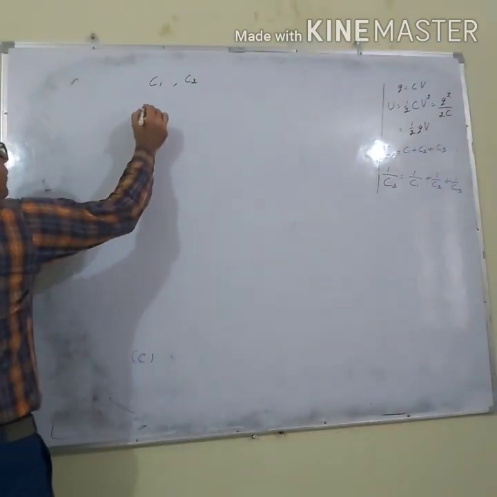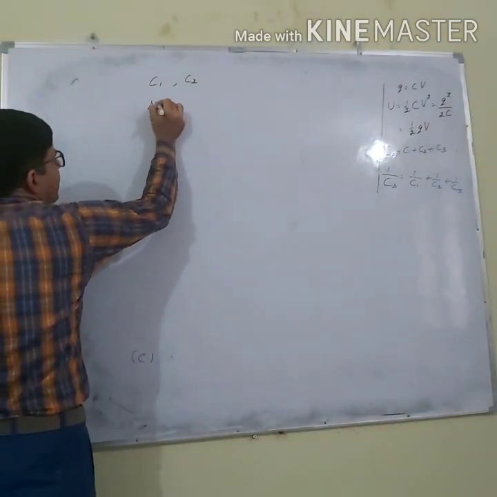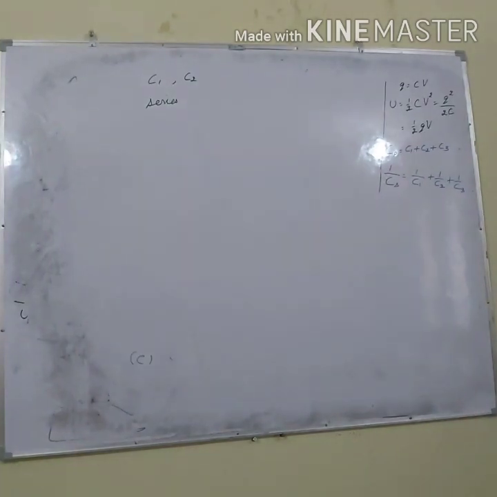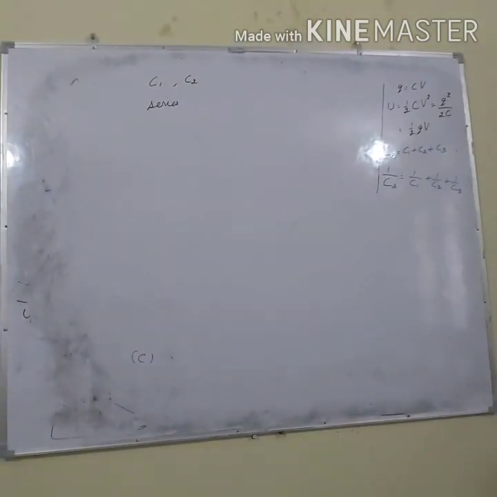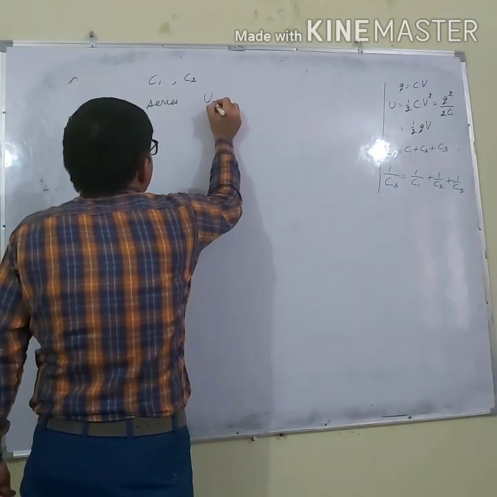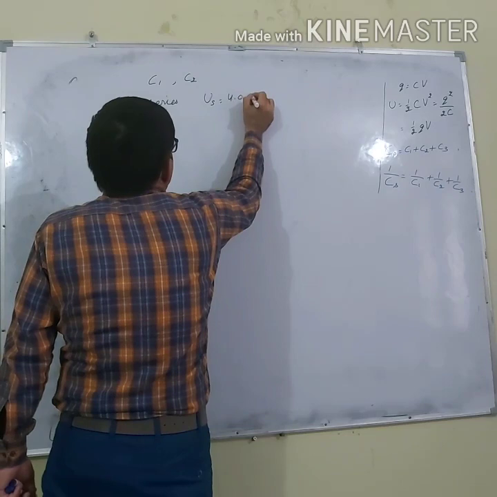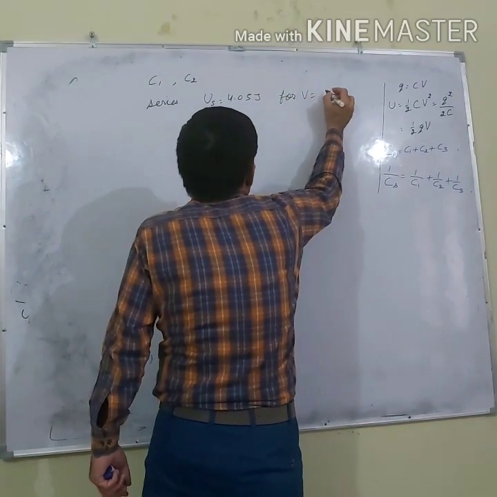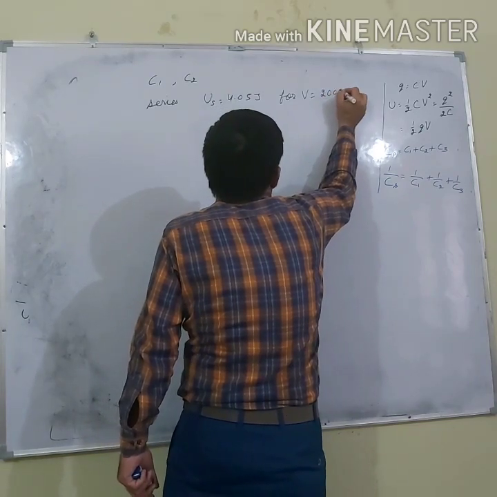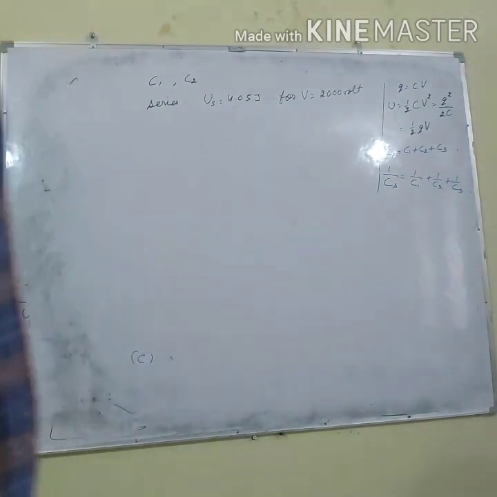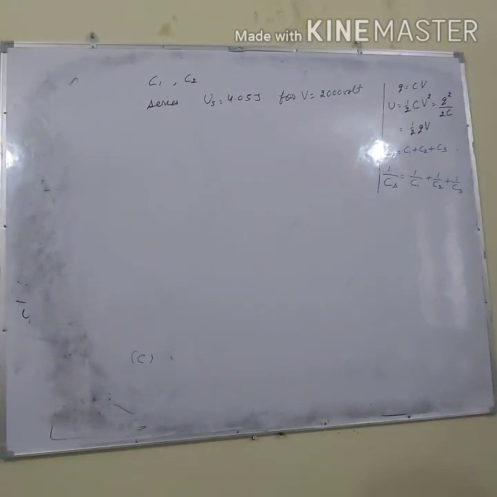If they are connected in series, then their potential energy is 4.05 joule for a potential of, let us say, 2000 volt.